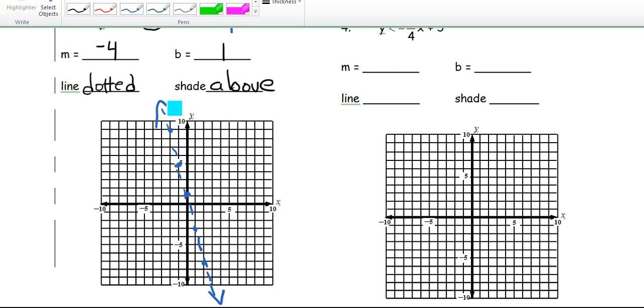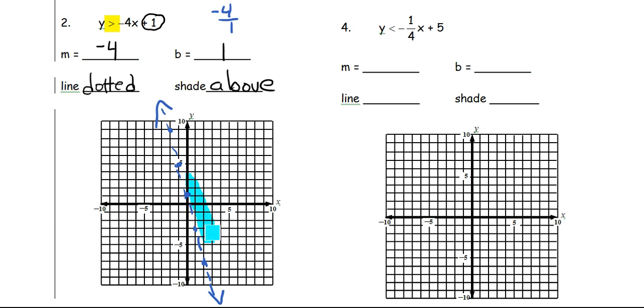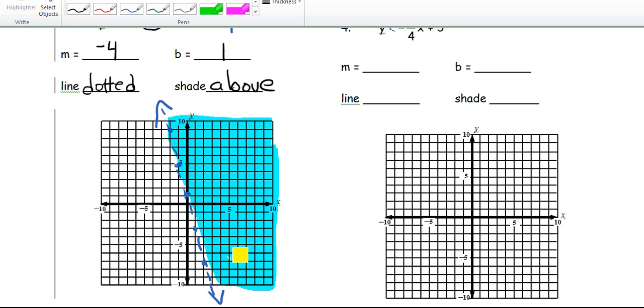It's right there. So we need to go above. So that means this part, because we're on this side of the line, and we're going to shade it in like that. So anywhere in that blue section will work, but what is on the line will not.